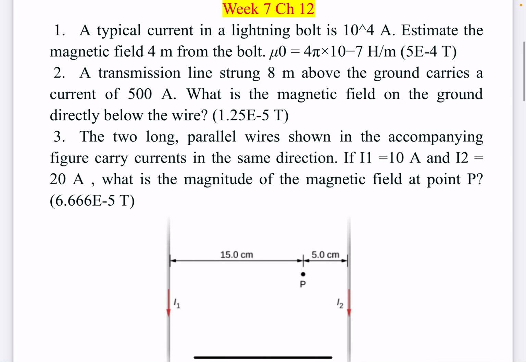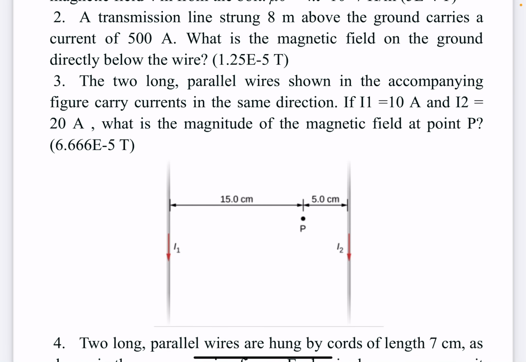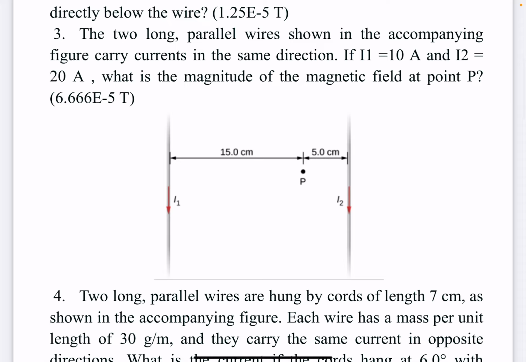Okay, third question. We have two long parallel wires, shown in the accompanying figure, carrying current in the same direction. If the current is 10 ampere, and the other one is 20 amperes. Okay, this is 10, this is 20. What is the magnitude of the magnetic field at point P?